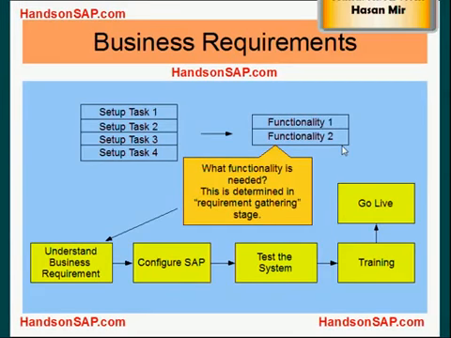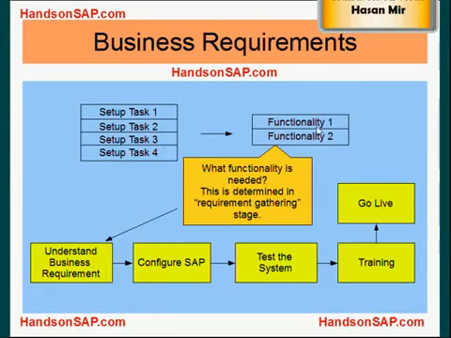It could be a report, it could be a screen, or it could be a behavior of a certain screen in a certain way, or it could be a program that needs to be run in a certain way. For example, transfer of transactions from one module to the other. That's also an example of functionality. So you have the target functionality in mind, and in order to achieve it, you would perform certain setup tasks on the setup screens.